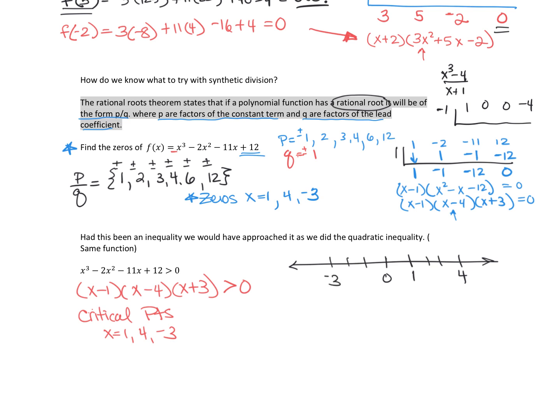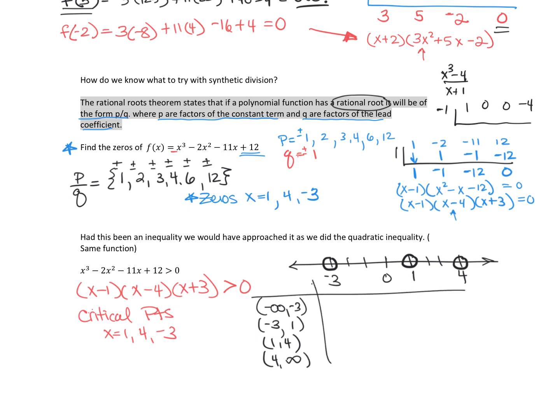This is strictly greater than, so I'm going to put open circles here. And then I'm going to find my intervals. So -infinity up to -3, -3 to 1, 1 to 4, and 4 to infinity. I'm going to test some value in each interval.